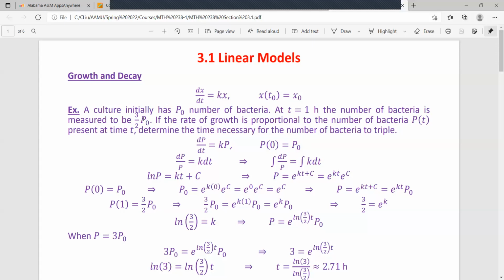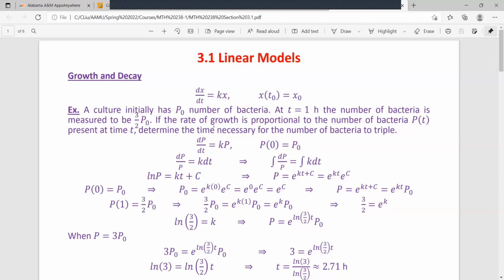The bacteria grow by splitting, one splits into two, so the number of bacteria will increase with time. Initially it has a population of P0, but after 1 hour, it becomes 3/2 P0.